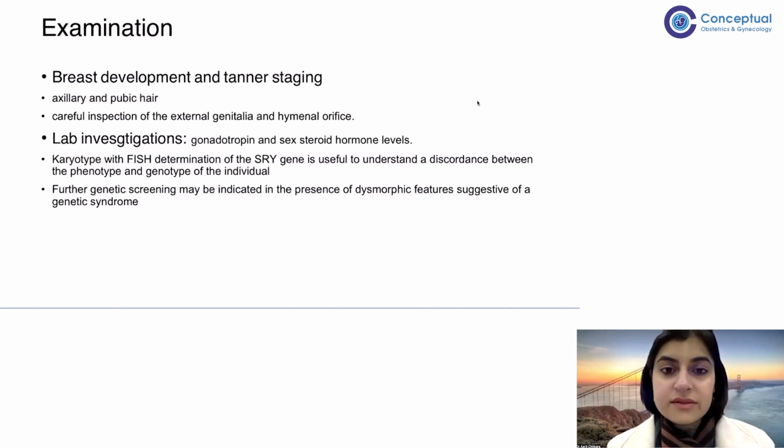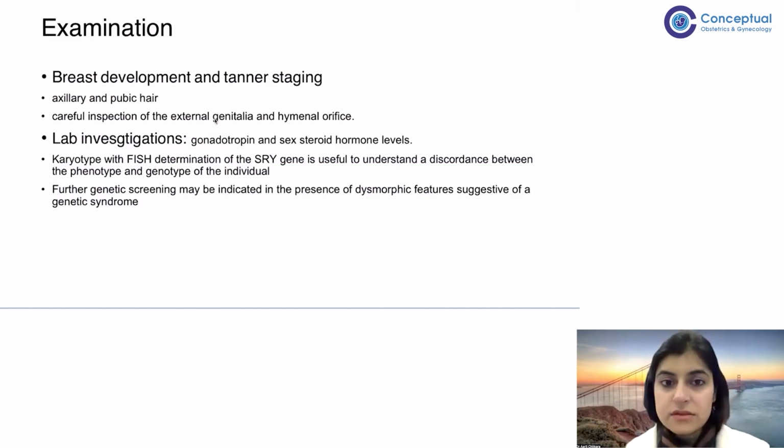So when you talk about examination, we discuss the breast development and Tanner staging, very important. Second is axillary and pubic hair. Very important is to examine the external genitalia. After doing a thorough examination of breast Tanner staging, axillary hair, pubic hair, make a diagram of your notes whenever you're seeing such a patient in OPD or admitted in your ward, planned for a surgical procedure, or even for examination under anesthesia.